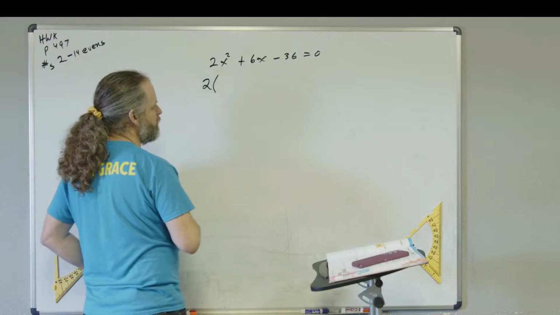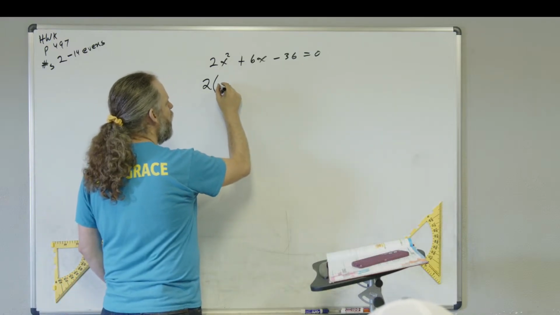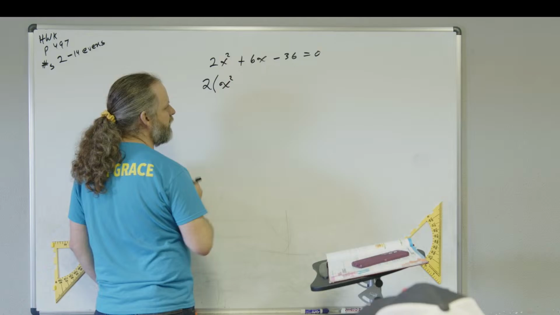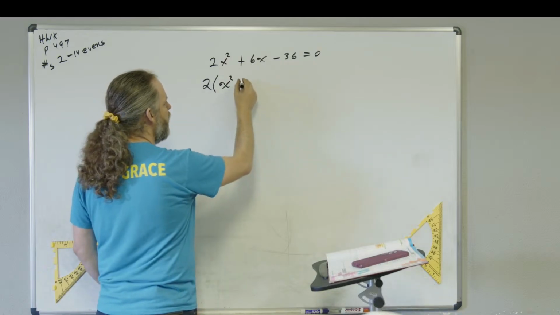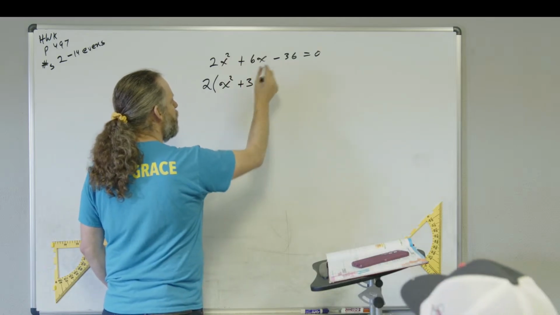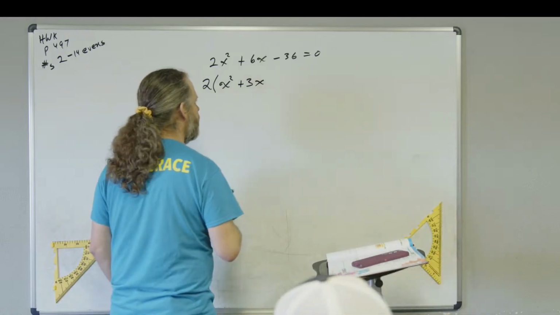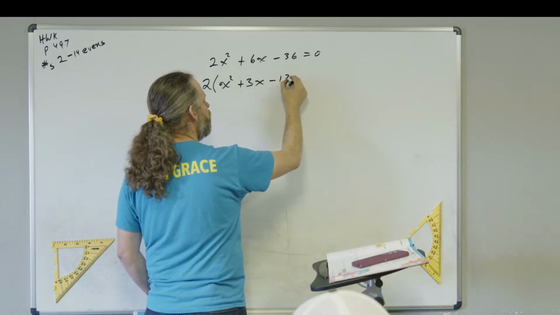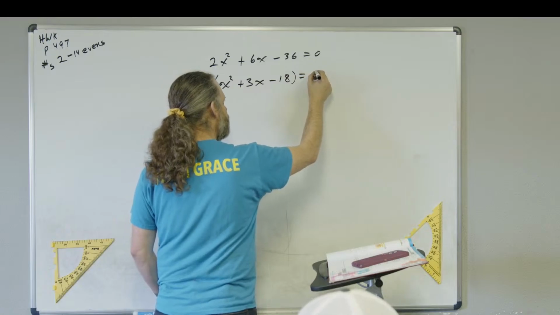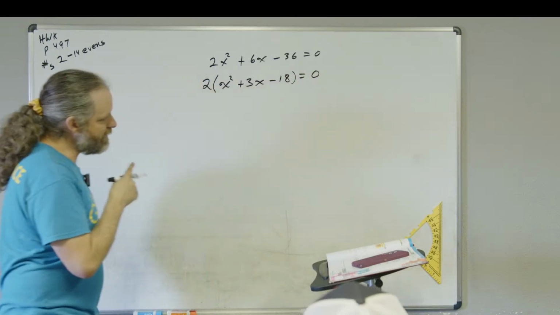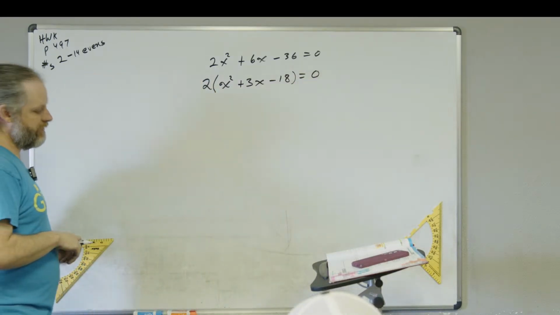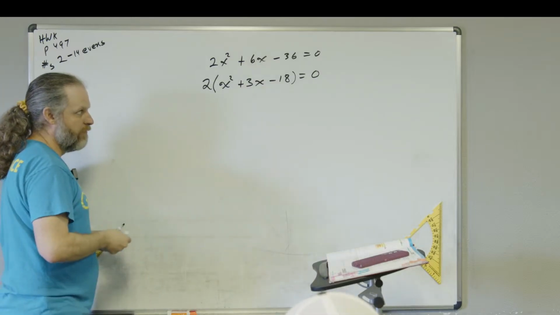We pull a 2 out of the first one, what's left? X squared. When we pull a 2 out of the second one, what's left? 3x. Pull a 2 out of the last one, what's left? Negative 18. Now, how is that 2 attached to everything else? Multiplication.